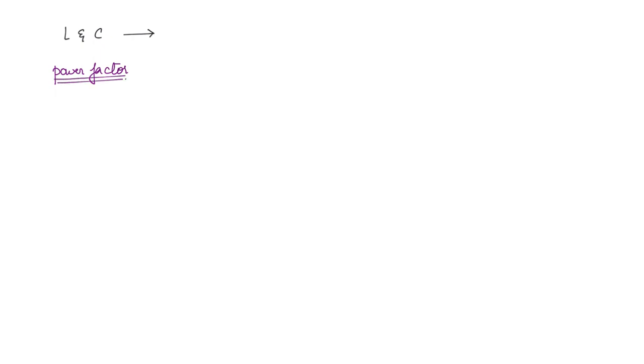So we saw that the instantaneous power in a DC circuit was given by V into I. Okay. Now in an AC circuit what is happening? The average power is given by V RMS into I RMS into some other function that is coming here. What is that? Cos(theta V minus theta I).